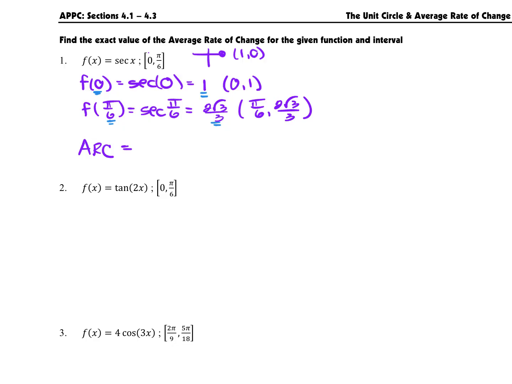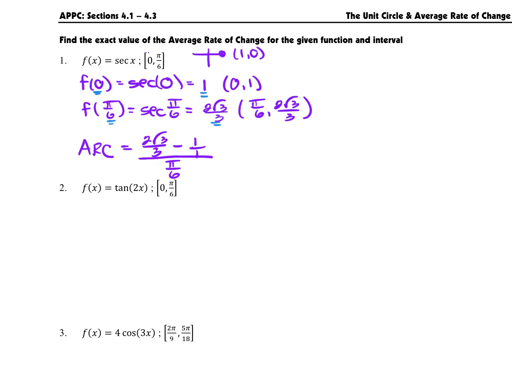So we'll have our 2 radical 3 over 3 minus 1, and as soon as I have a fraction minus a whole number, I always put that number over 1. It's just going to make things easier in a minute. That's all divided by pi over 6 minus 0. We really don't have to write the minus 0 if we don't want to. We could just write pi over 6.